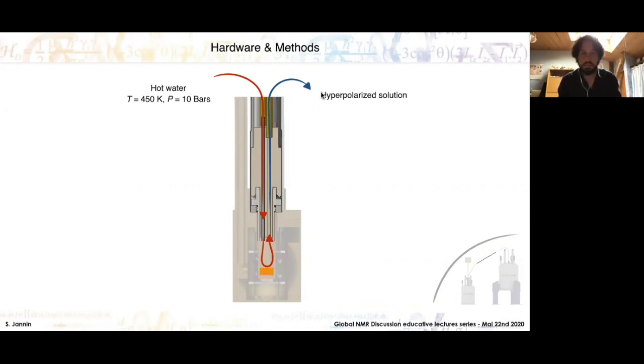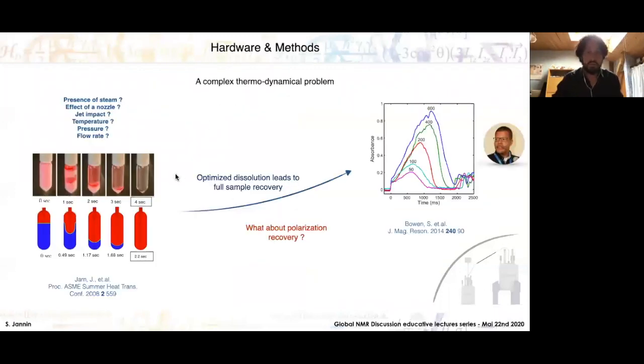So this may seem simple, but it's not so simple to melt a sample that is at 4 Kelvin in a superfluid helium cryostat. So there has been a lot of work done by the Jan-Henrik Ardenkjaer-Larsen group to study how this melting process works. You should avoid steam, you should add a nozzle to improve the jet impact.